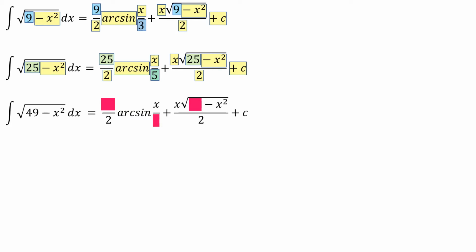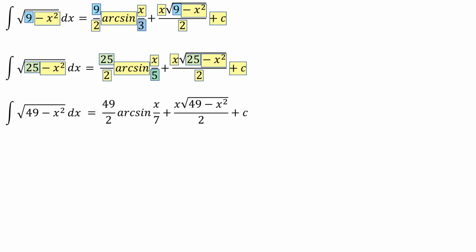And you say, well, gee, that 49 will probably go right there. And that 49 will probably go right there. And since 49 is 7 times 7, I bet there's a 7 right there. And indeed, that would be the correct answer.